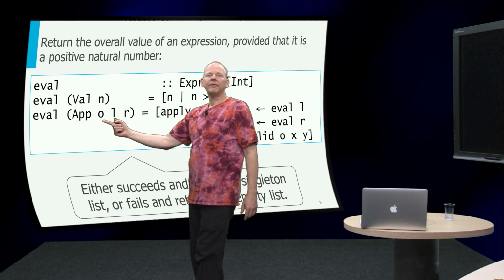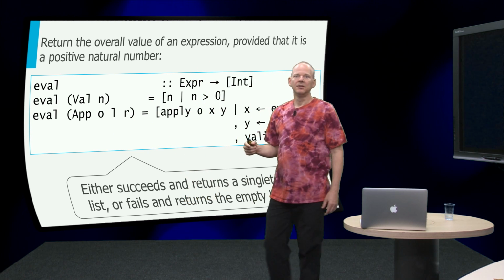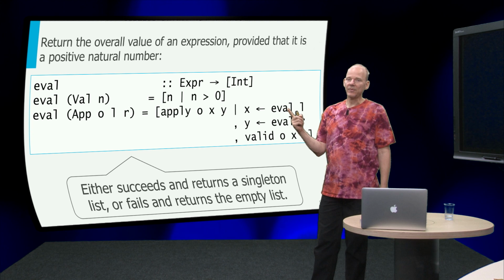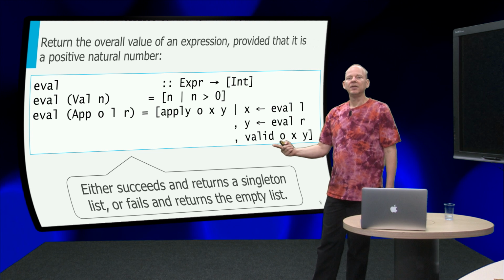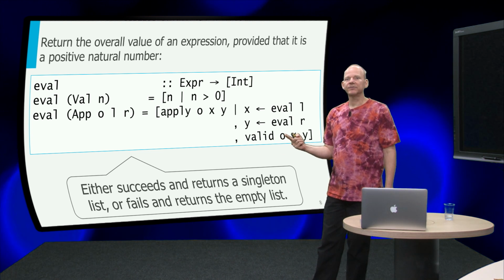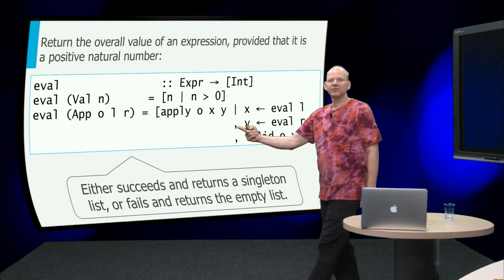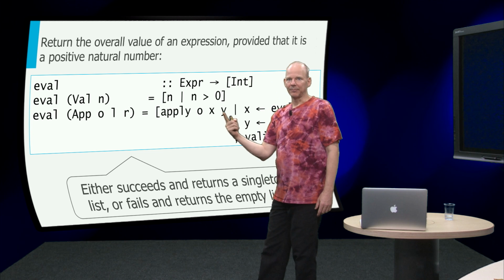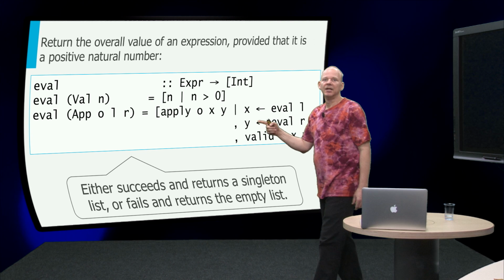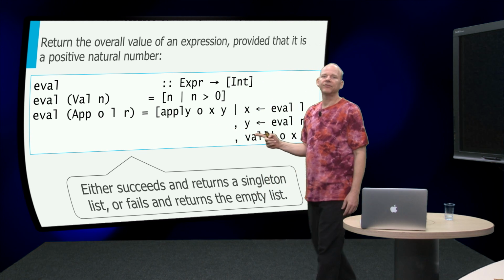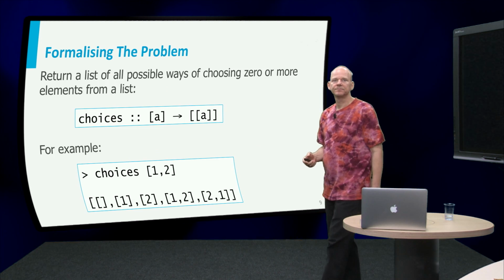And if we have an expression that is the application of an operator to two sub-expressions, we evaluate the left-hand side, we evaluate the right-hand side, we check that the application of this operator to these numbers is valid, and if that's the case, we return that application. So really what you see here is evaluation intermixed with a filter for only valid sub-expressions.